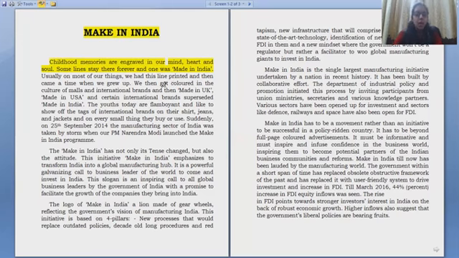Usually on most of our things, we had this line printed, and then came a time when we grew up. We then got colored in the cultures of malls and international brands, and then made in UK, made in USA, and certain international brands superseded made in India. See, the topic started in a very different manner, students. This is how you should begin your introduction.